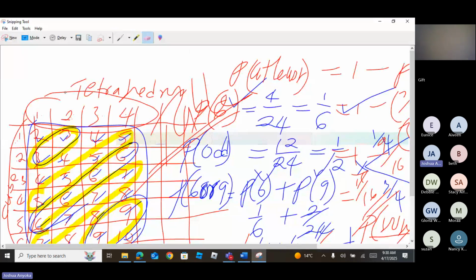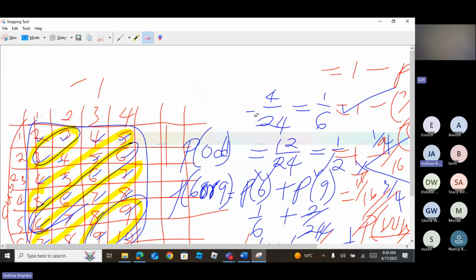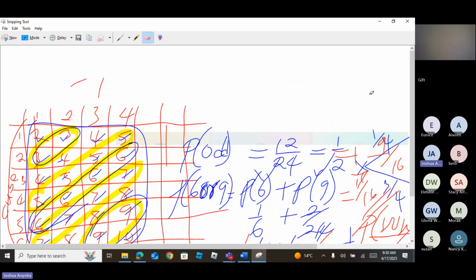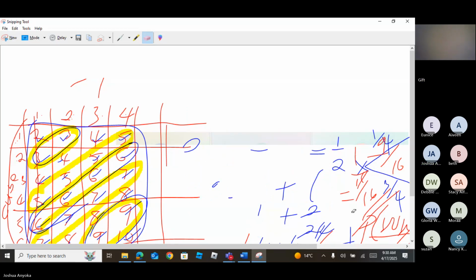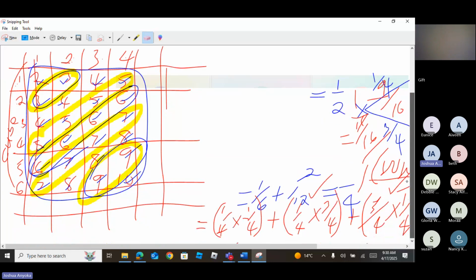When you are told at least 1, it means 1 or more, including all of them. At least 1 means 1 or more. So it is only the one we exclude, that is the last one.